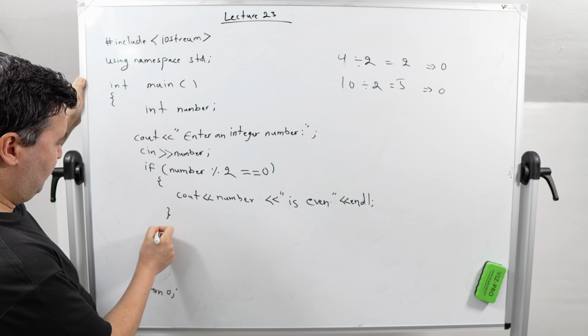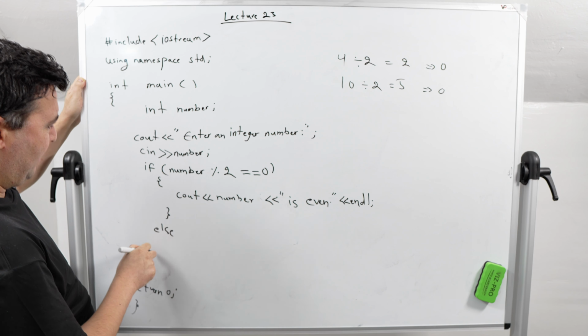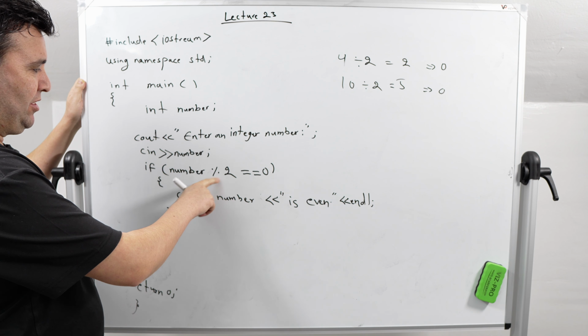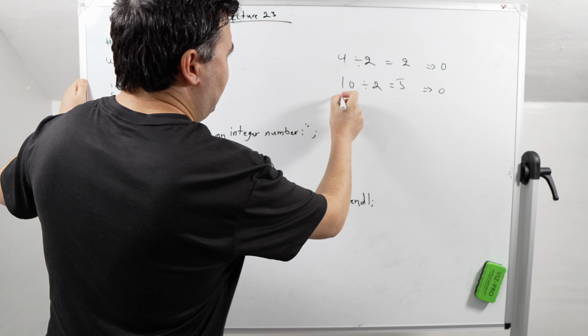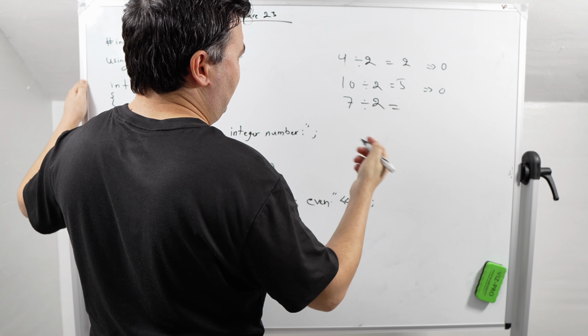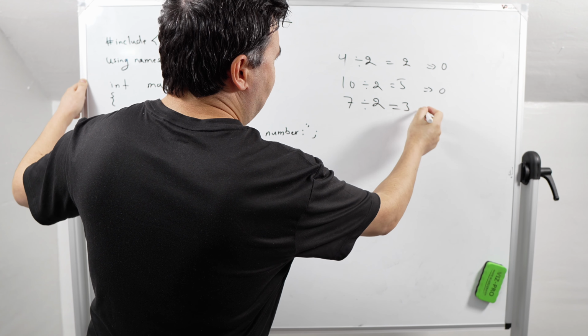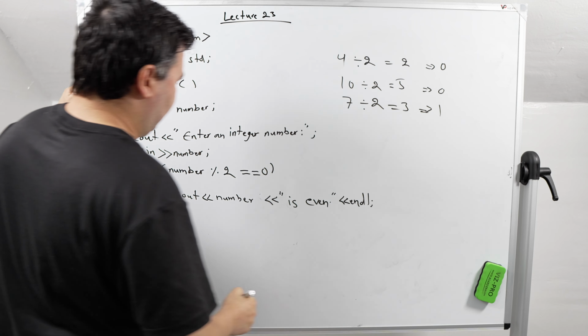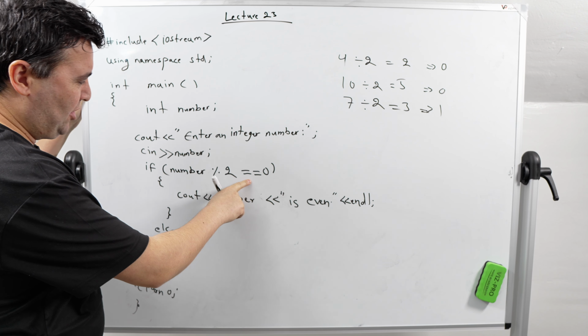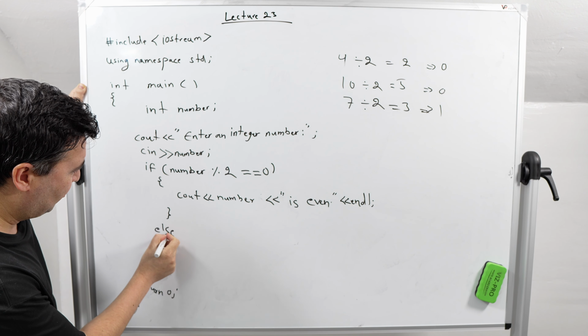Now, if the number is not even, for example, if we divide 7 by 2, it is equal to 3, and the remainder here becomes 1. So if the user enters 7, the condition becomes false, and the else part will be executed.